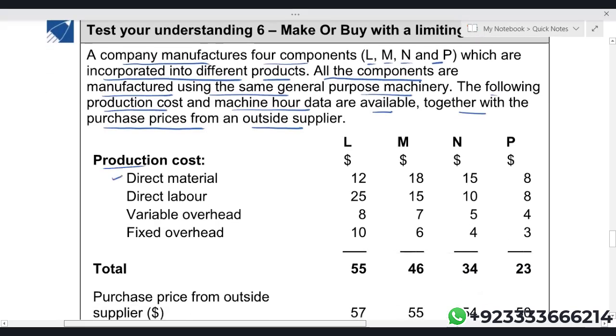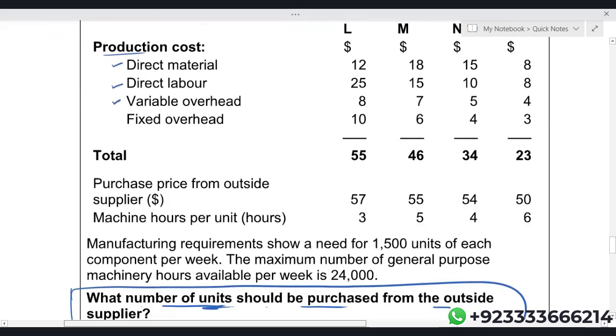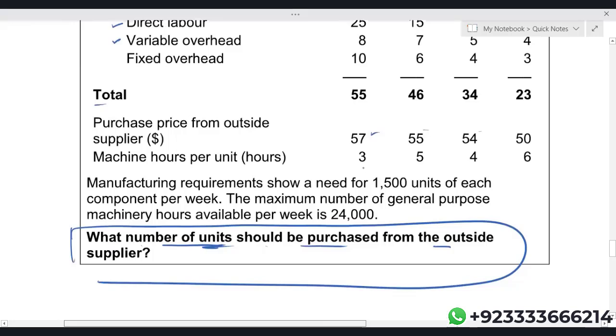Production cost: direct material, obviously relevant, direct labor relevant, variable overhead is relevant. Purchase price from outside: supplier is asking 57, 55. Okay. Machine hours: 1 unit of L takes 3 machine hours. M takes 5. N takes 4. And P takes 6.